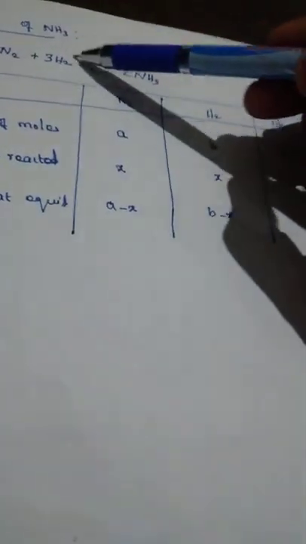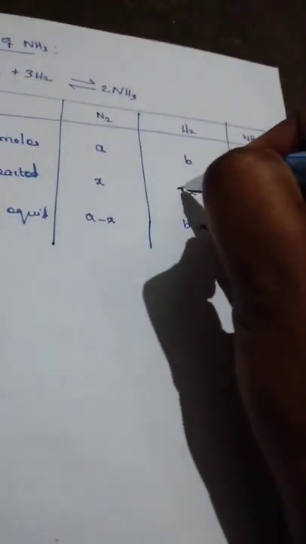So here this is A minus X, and this one B minus 3X, because you can see 3 hydrogen are present in the equation. So the number of moles reacted is nitrogen X, hydrogen 3X, and NH3 0. Now this one you write A minus X, this one B minus 3X, and here 2 NH3, so 2X.